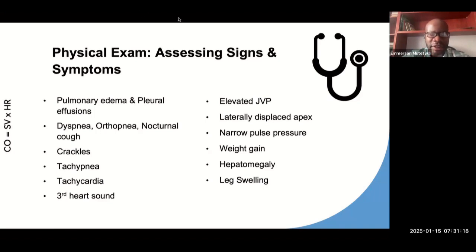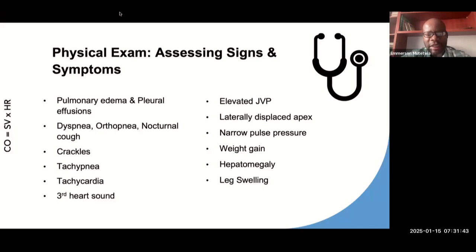In terms of the extremities, we discussed cold peripheries and delayed capillary refill. You can also have ankle edema and sacral edema as a reflection of your right ventricular congestion. And of course, the fluid retention usually results in acute weight gain.